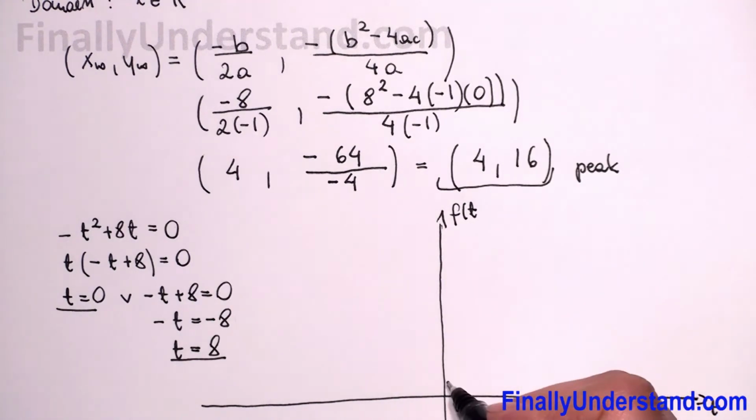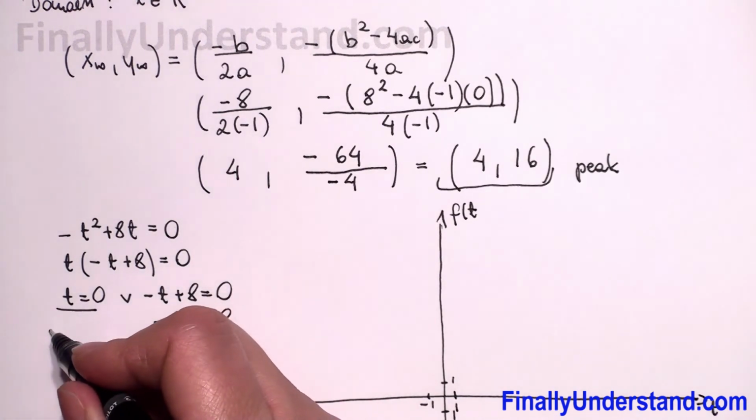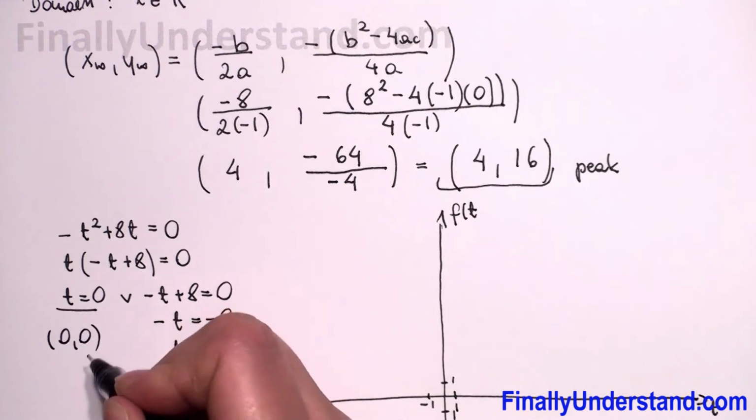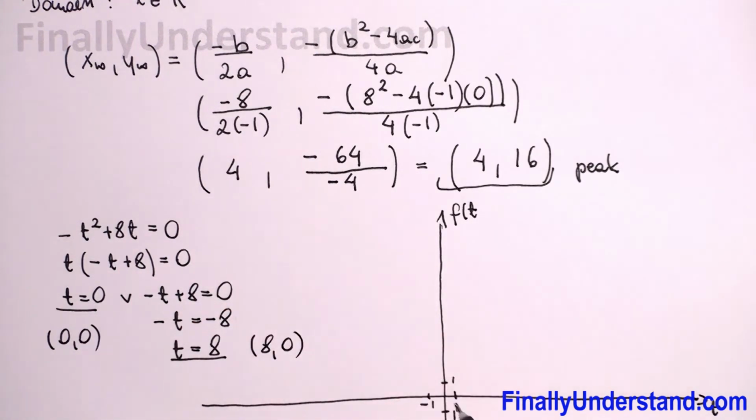This can be 1, 1, negative 1. We have roots 0 and 8. It means the first point will be 0, 0, and the second will be 8, 0.